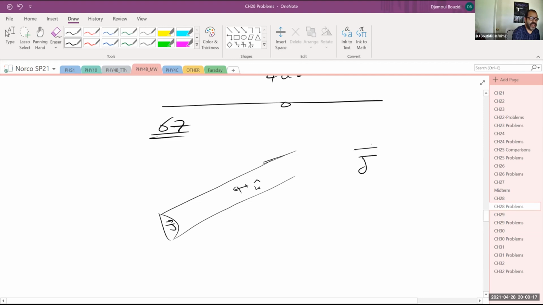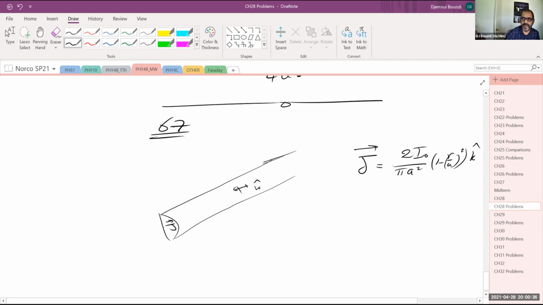J is a vector, which is something that we saw a long time ago. It's given by 2 I naught divided by pi a squared times 1 minus (r over a) squared, k hat.